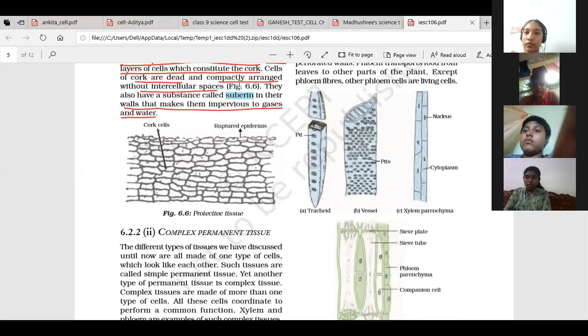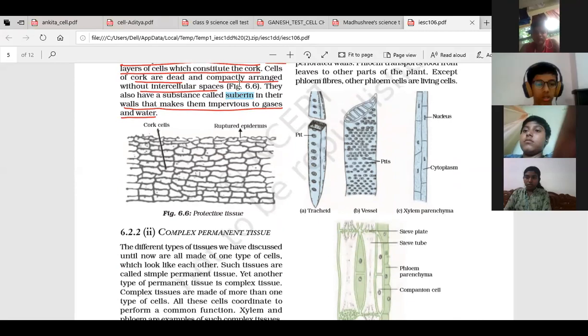When you plant a rose plant, initially the stem is green in color. When it grows more, after six months or one year, you will see that the green stem has been converted into brown color, and it is much stronger compared to the green one.